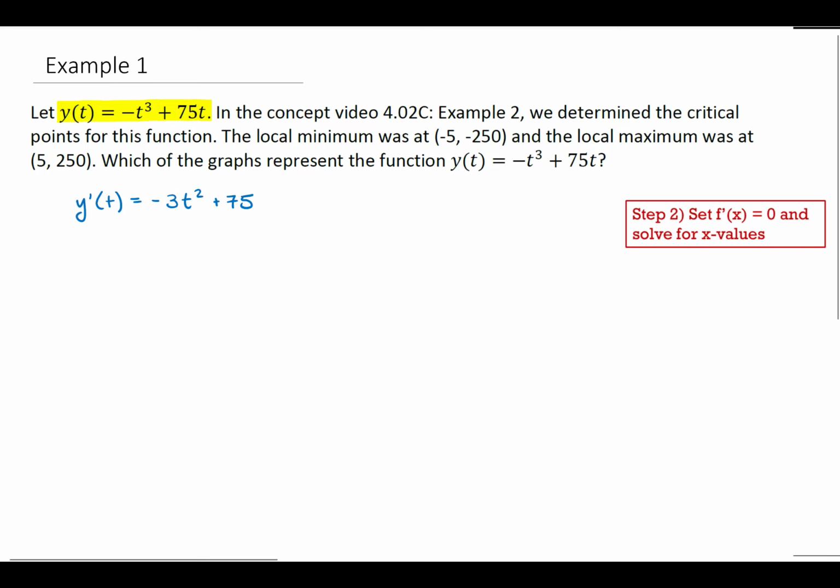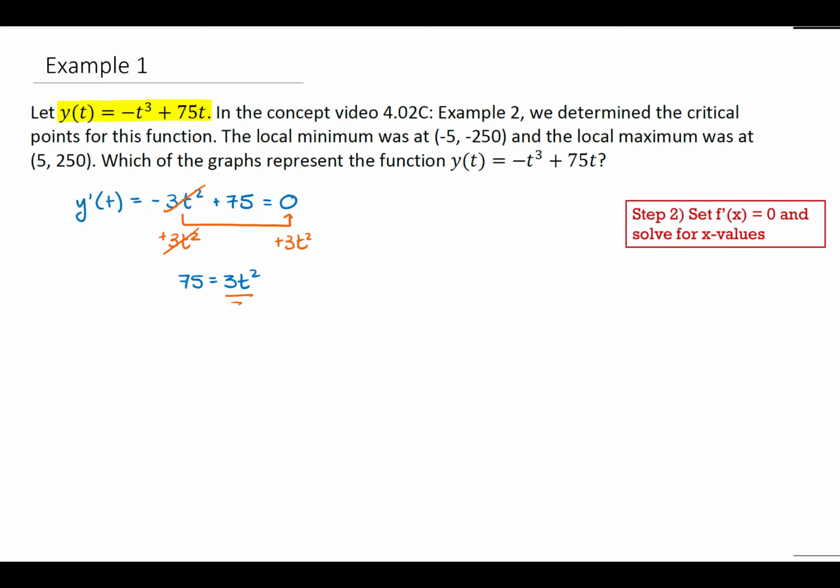We would then set that first derivative to be equal to 0 and solve for the corresponding t values. So I'm going to move 3t squared over to the other side of the equation by adding 3t squared to each side. So that 3t squared cancels out here. I'm left with 75 is equal to 3t squared.